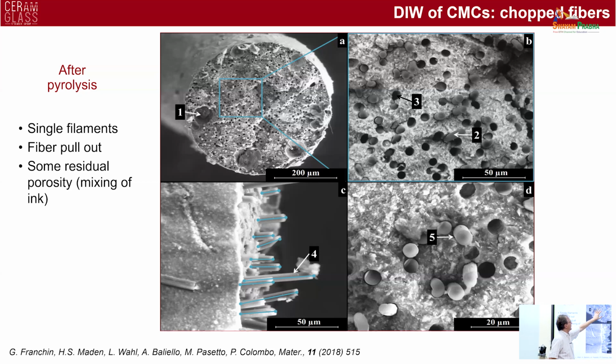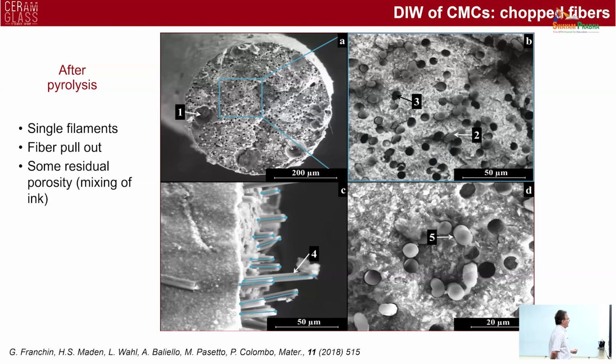You can see that the fibers are well distributed within the filament. We had some voids due to the incorporation of air inside the ink. Now we are doing a defoaming step that allows us to remove most of the trapped air.